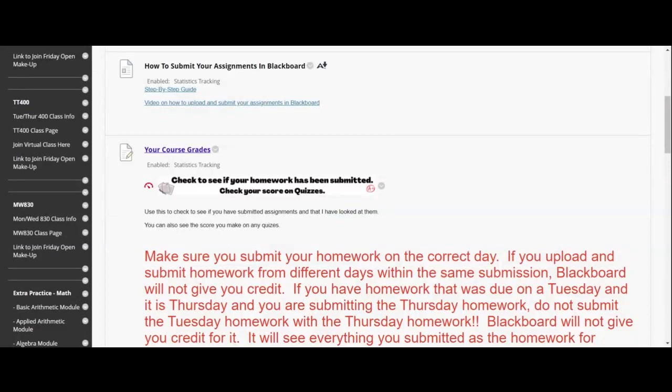And in this section here, where it says your course grades, that's a list of the assignments, and I just use it as a way to check whether you've done the assignments or not. So it's not that you're getting a physical grade that's going to count towards a grade for the class. It's my way of checking to see if you've done your assignments.